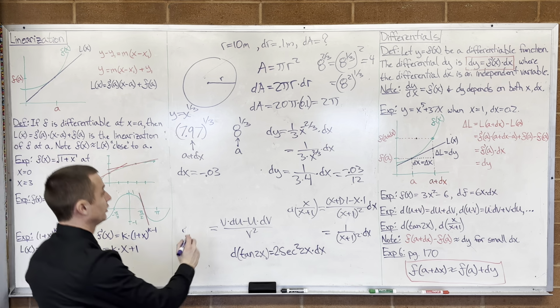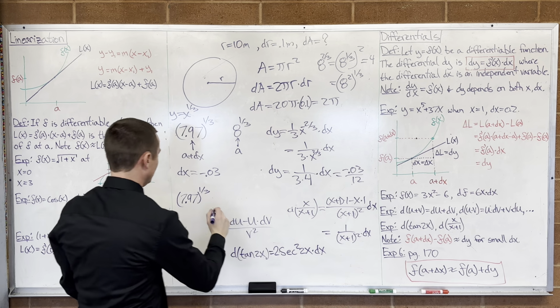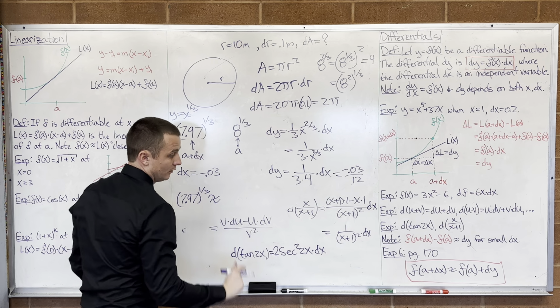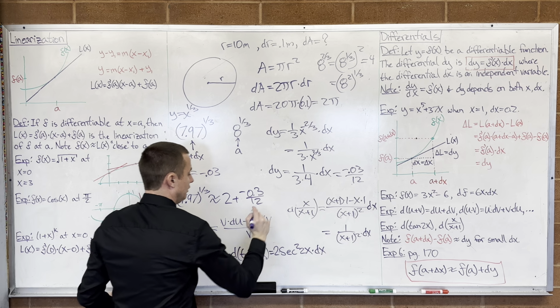So we're saying that 7.97 to the 1/3, the value we're approximating at, is approximately f at our nice point at 8. What's 8 to the 1/3? 2. 2 plus our dy, negative 0.03 over 12.